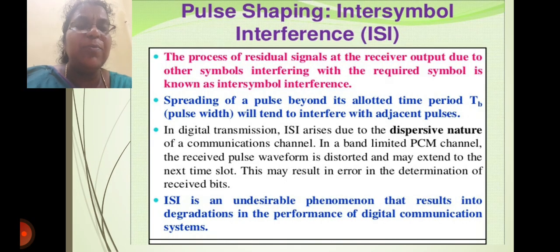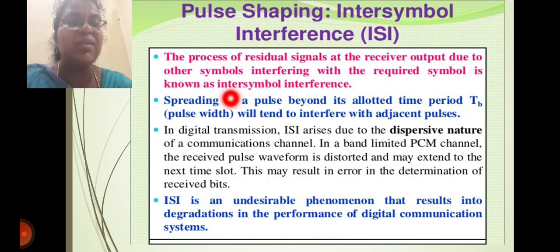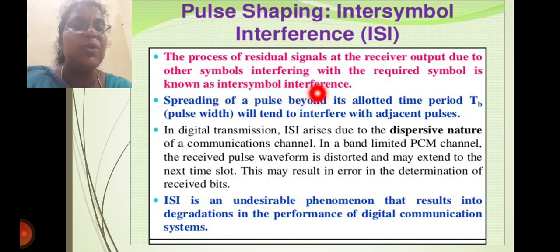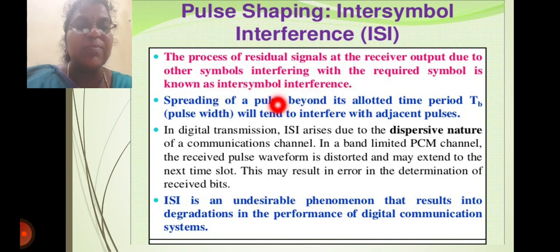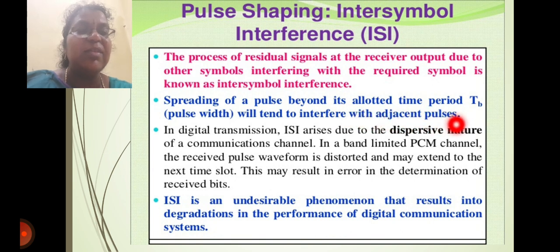Then, what do we mean by intersymbol interference? It is the presence of residual signals at the receiver output due to the other symbols interfering with the required symbol. So we have one required symbol that is interfered by the neighboring signals at the receiver output. This presence of residual signals at the receiver output is what is known as intersymbol interference. Spreading of a pulse beyond its allotted time period TB will tend to interfere with the adjacent pulses.